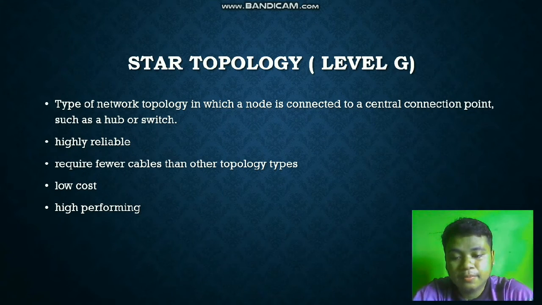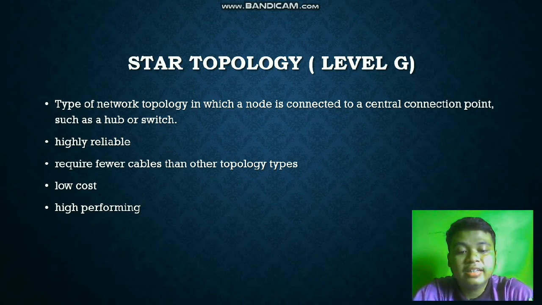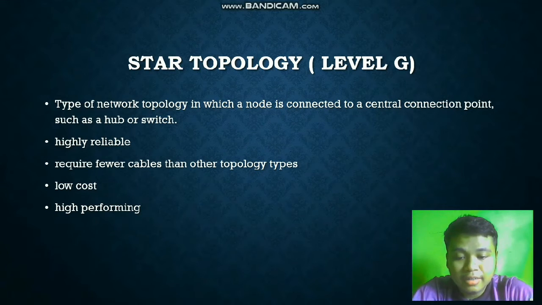In terms of physical network structure, star topologies require fewer cables than other topology types. This makes them simple to set up and manage over the long term. Another benefit is that it provides low cost and is high performing, as no data collision can occur.